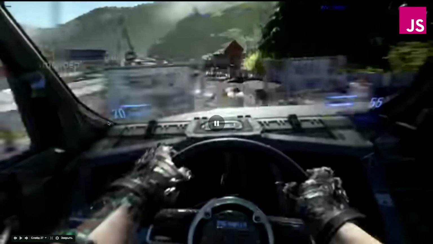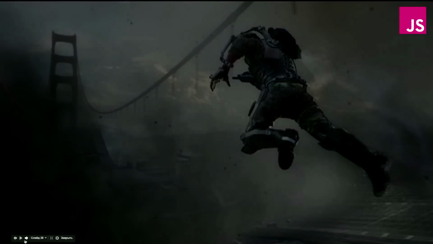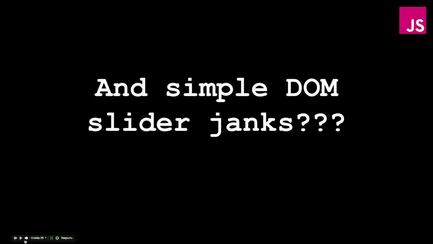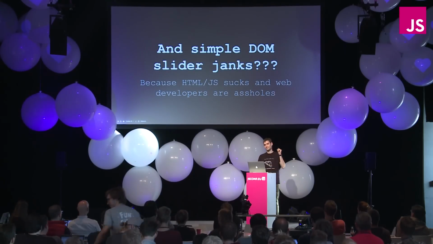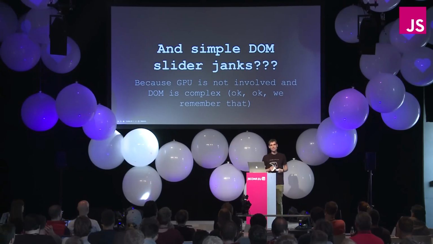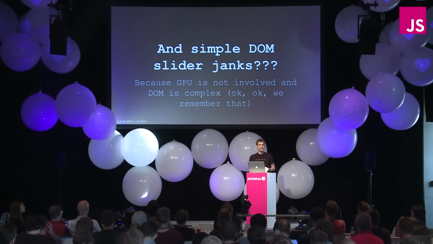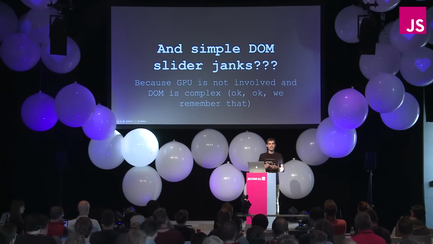Why do simple sliders jank? Yeah, simple sliders jank. No, because GPU is not involved sometimes, and DOM is quite complex. So changing one thing, you are making a massive chain effect.